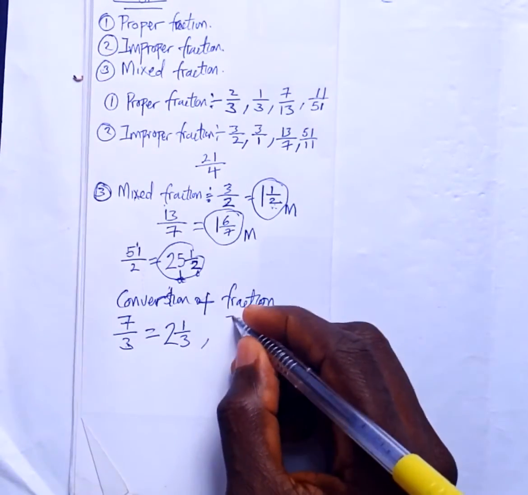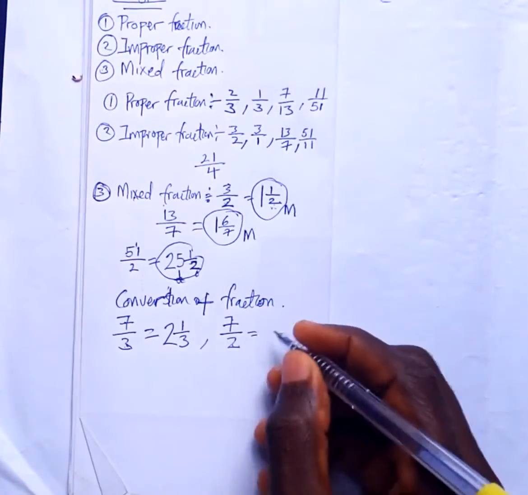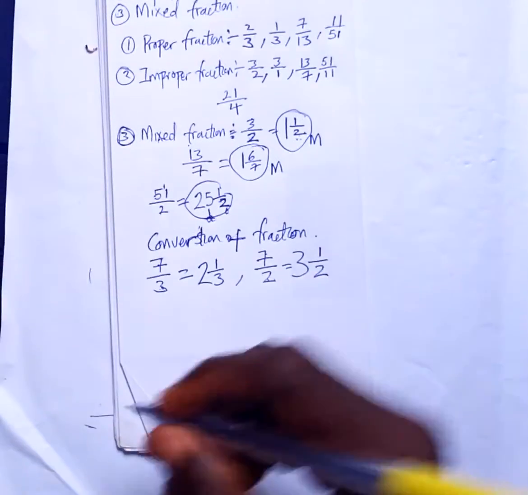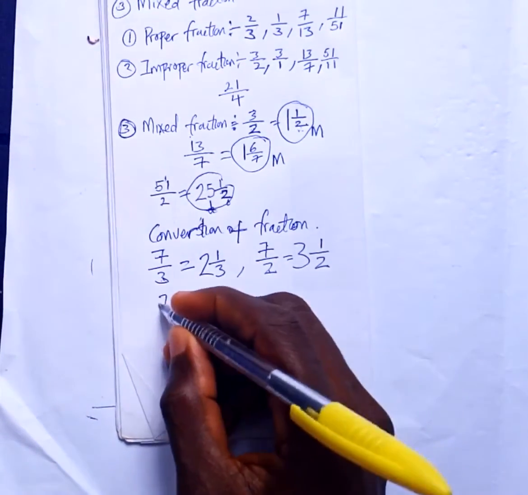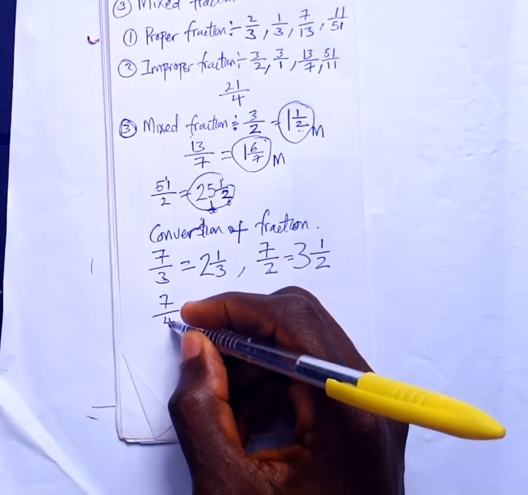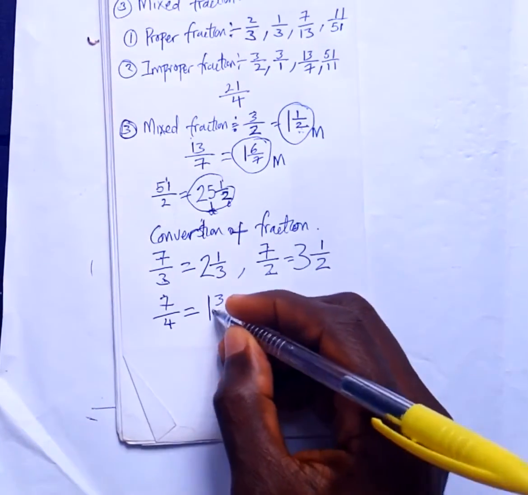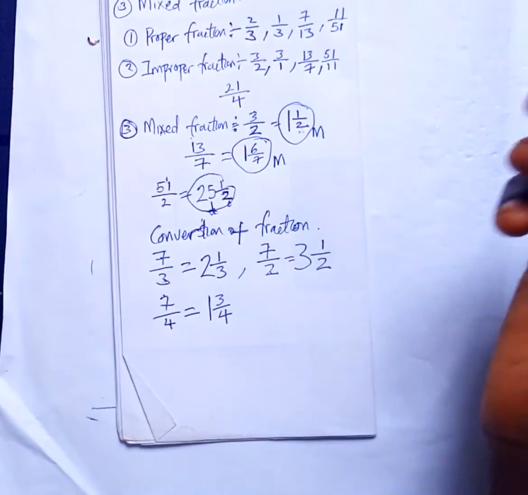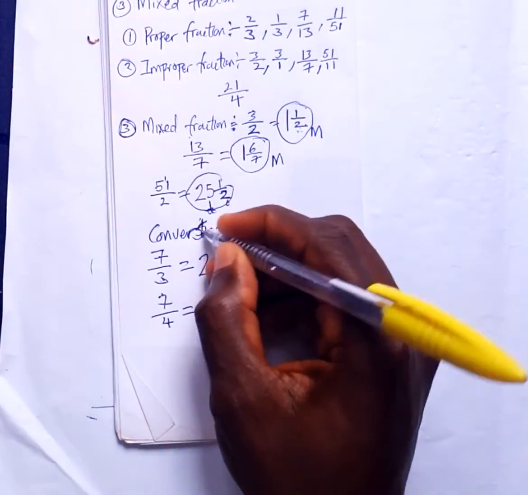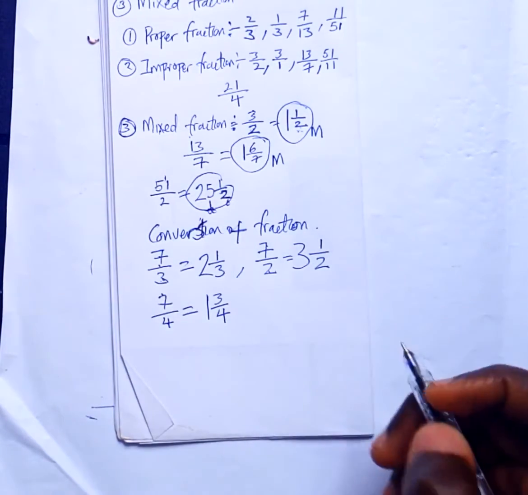Also when you have 7/2, how many 2s can we see in 7? 3, remainder 1, so 3 and 1/2. When we have a question like 7/4, how many 4s can we see in 7? 1, remainder 3, so 1 and 3/4. So this is converting from an improper fraction to a mixed fraction.